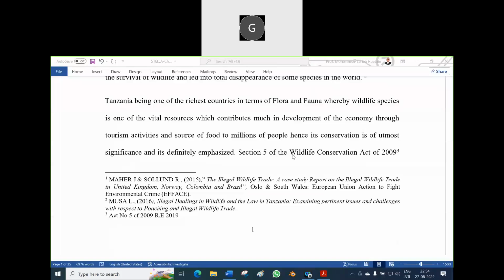APA is the initialism for American Psychological Association.